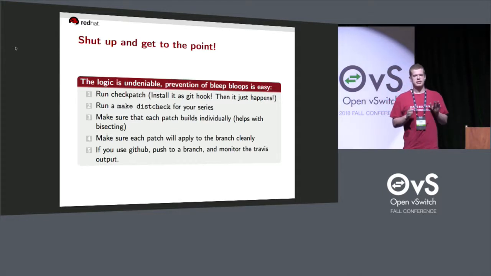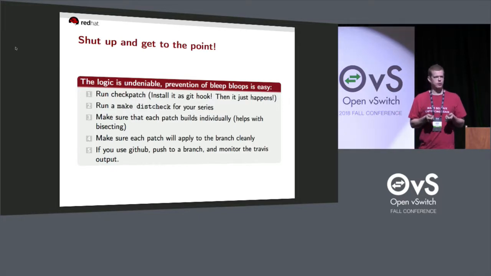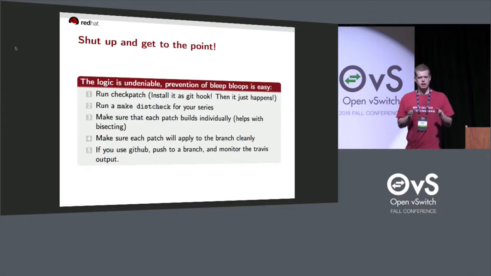So basically, how can you prevent Bleep Bloop from showing up in your inbox, right? It's really simple. You run checkpatch on all your patches. You run a make distcheck for your patch series, just to make sure that each patch can build individually.